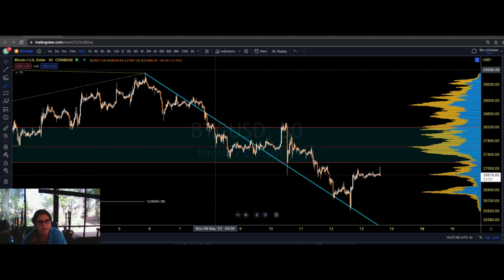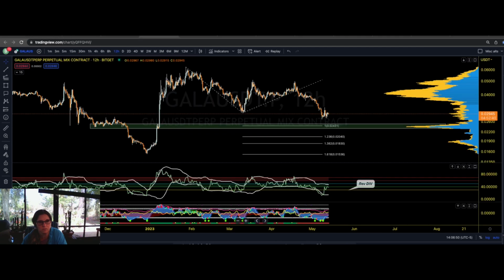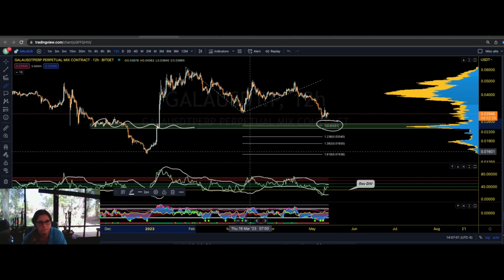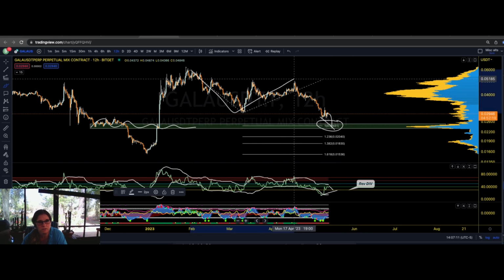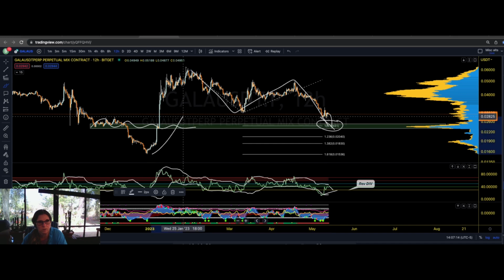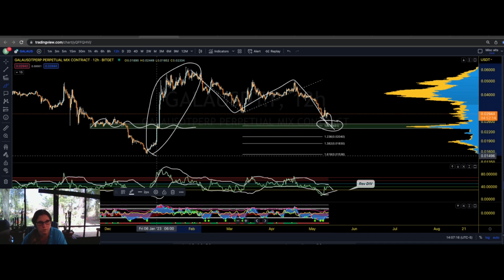It means that the blue leg is over and it plans to go bullishly. All right, so let's take a look at the altcoins that we have been looking at for so long. I am looking at the 1-to-1 extension. It really needs to hold this area. This is Gala. And if it rolls over again, it will create reversal divergence. This will be a beautiful sign that this wave to the downside is over and we are about to get this one's partner.